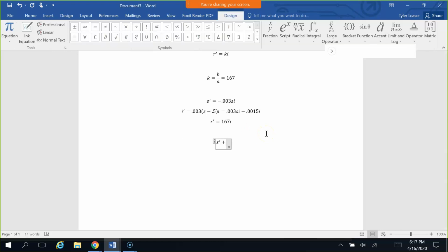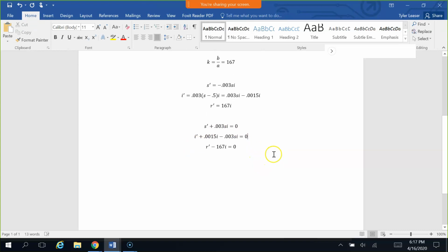So S prime plus 0.003 SI is equal to 0 for the first equation. I prime plus 0.0015 I minus 0.003 SI. And then the last equation, R prime minus 167 I is equal to 0. So just moving everything over to the left-hand side.